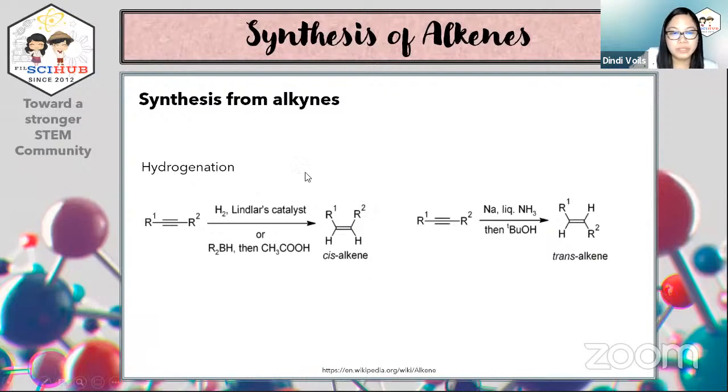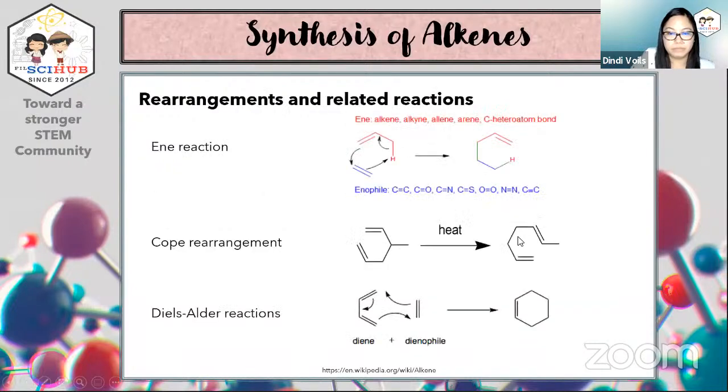You can also synthesize alkenes from alkynes, which have three bonds. One of the ways is through a hydrogenation reaction where you introduce hydrogen in the presence of what's called Lindlar's catalyst. You can also form it with sodium metal, liquid ammonia, and butanol. And lastly, you have the rearrangements and related reactions.